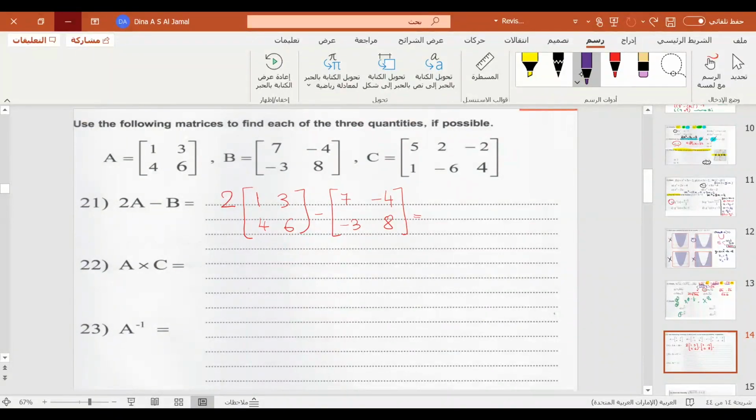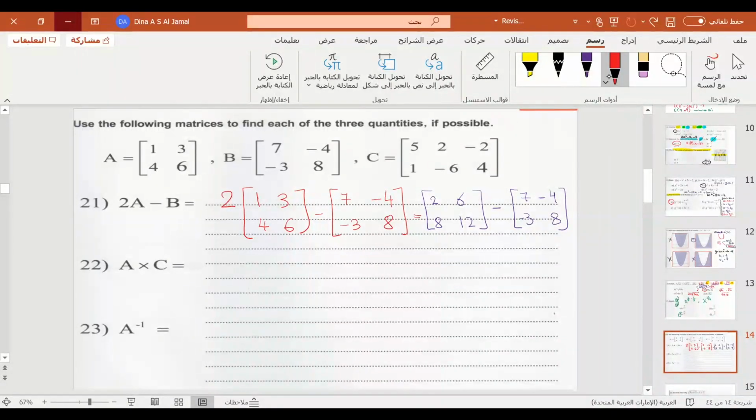So your scalar multiplication will be 2, 8, 6, 12. That's it. Then subtract 7, minus 4, minus 3 and 8.